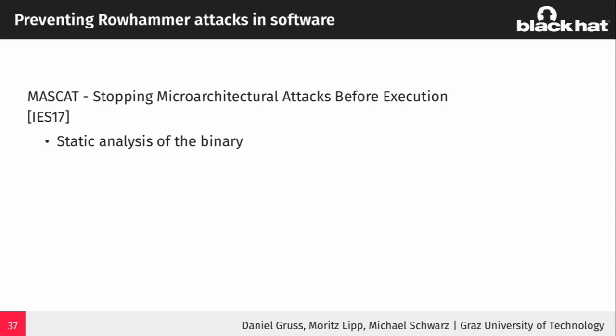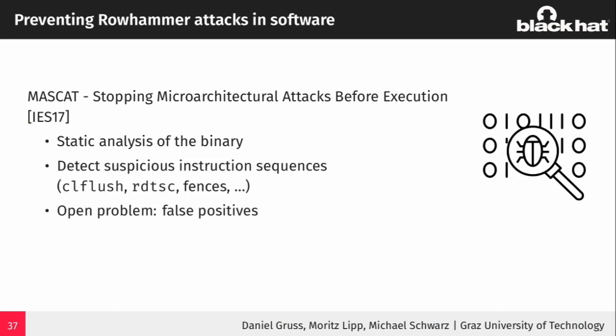There are the exploits. We do the same thing as antivirus programs. We analyze the binary, and if they have suspicious code in there, like the CLFLUSH instruction, who uses that, or RDTSC or fences, then we can flag that and detect a row hammer attack with that. Yeah. So you asked the attacker to compile the attack with your compiler so that the attacker learns you cannot run this code?